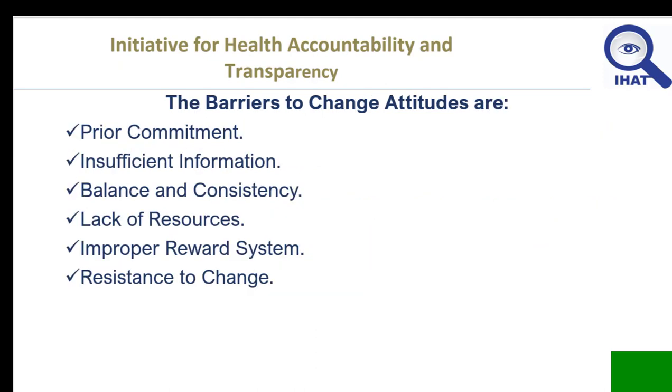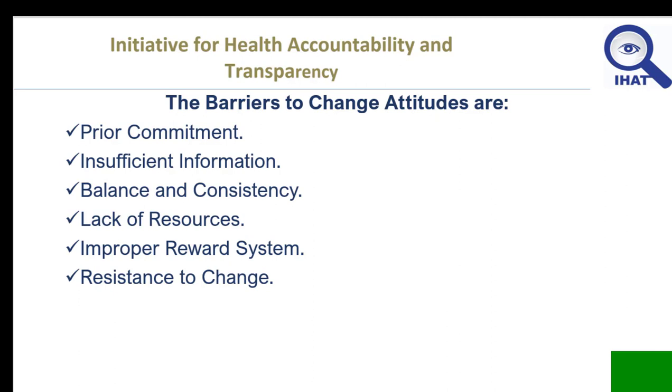The barriers to change include prior commitment. If you are committed to a cause, the attitudes that will guide you to achieve that commitment certainly will be a barrier. We have talked about the role of information. When you have insufficient information about a person, event or circumstances, the attitudes formed based on that might not be easy to change.